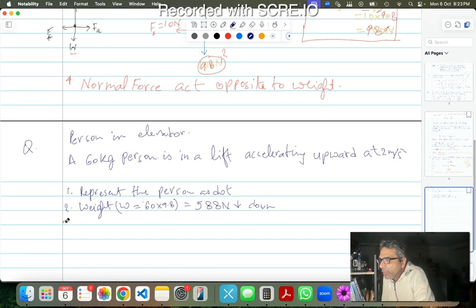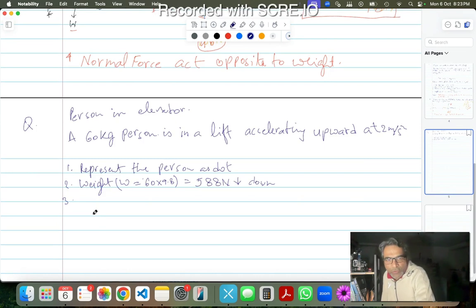Then third one is normal reaction force. Will this be less or more? Okay.